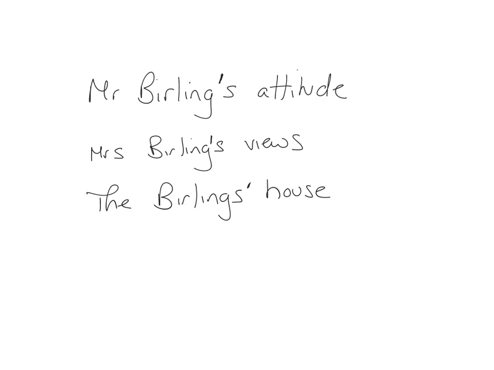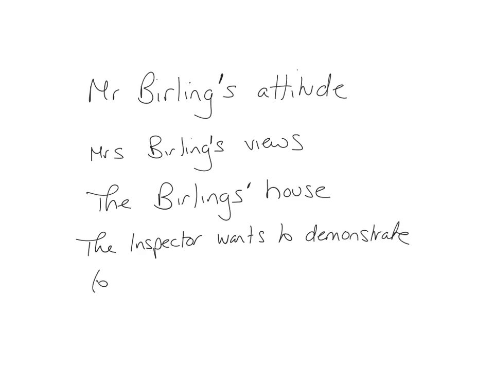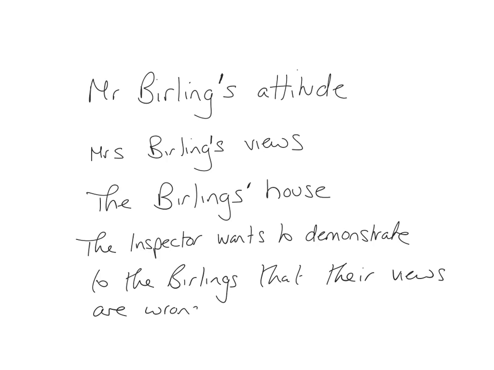What you don't do is just put an apostrophe in unless there's any owning happening. So for example, if you want to say the inspector wants to demonstrate to the Birlings that their views are wrong.